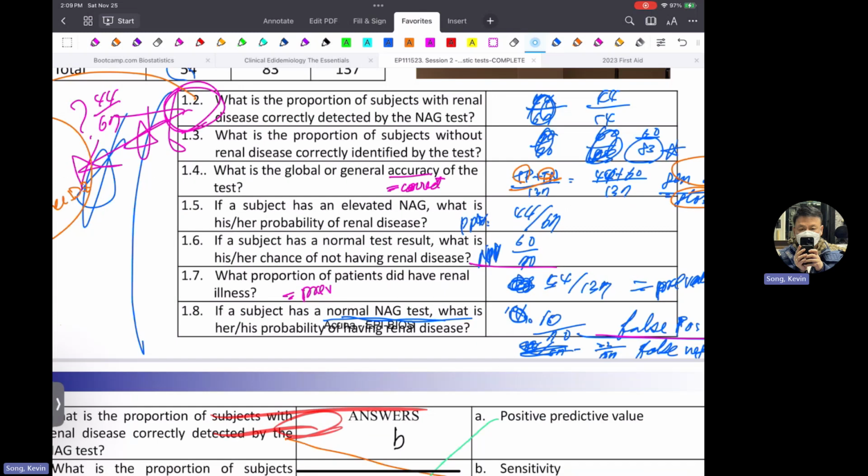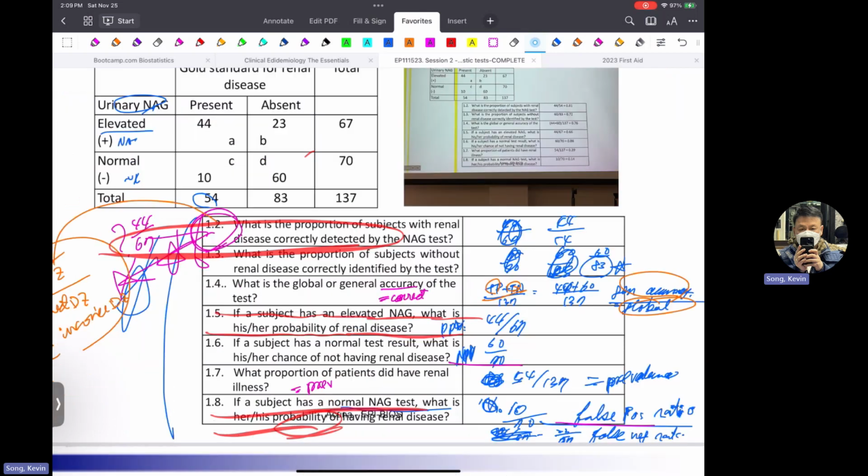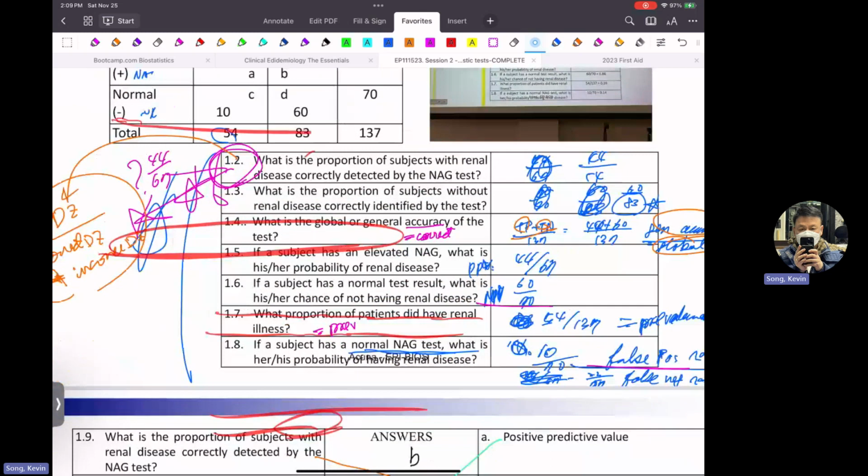Okay, next question. If a subject has a normal test, what's his probability of having renal disease? A normal test, this row, right?